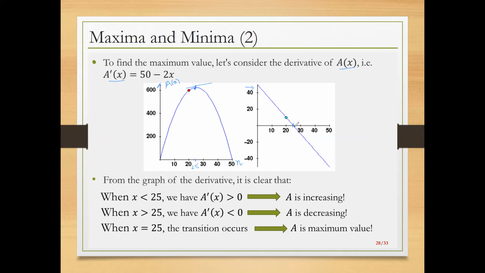This point divides this region from this one. Everything in this area is a decreasing slope, and everything in this area is an increasing slope, right? Therefore, at this point we find that the value of x is equal to 25. So if we plug x into our previous equation, what would be the value of y?